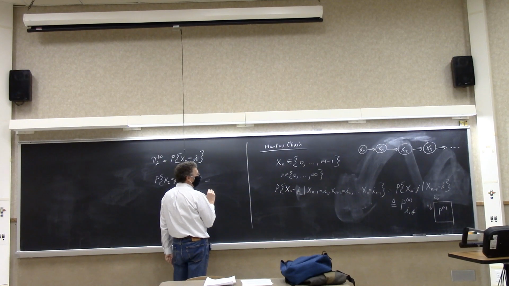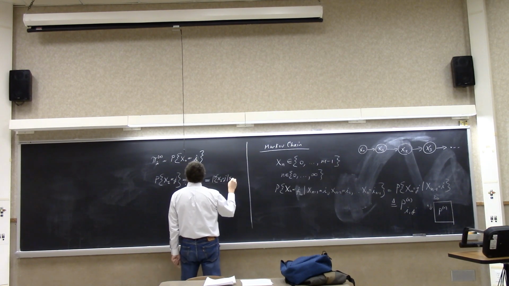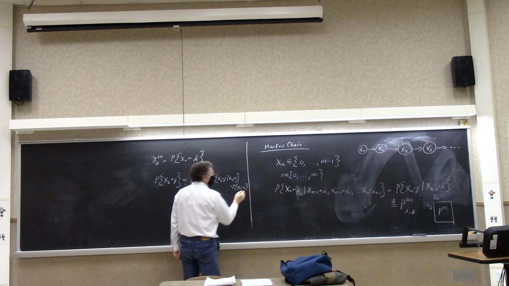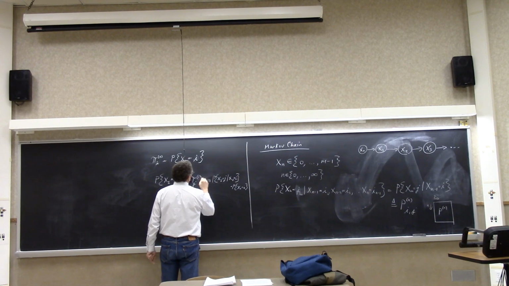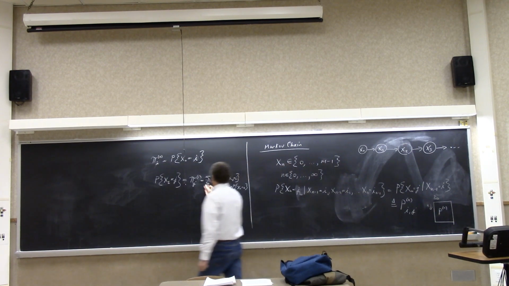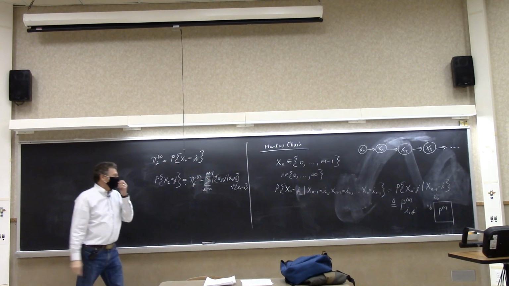Now, using conditional probability, we'd write the probability that x1 equals j given x0 equals i, times the probability that x0 equals i, right? And then you'd sum this from i equals 0 to n minus 1, and that would be the correct value, right?